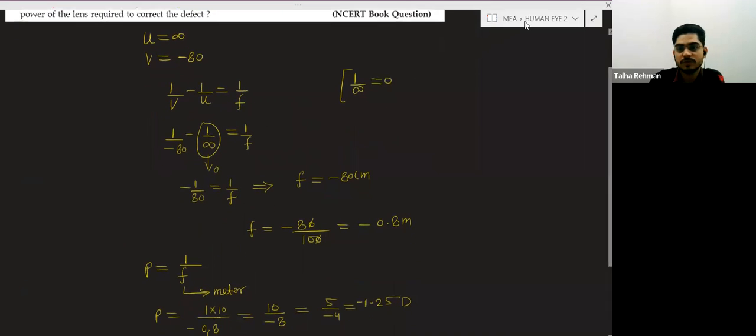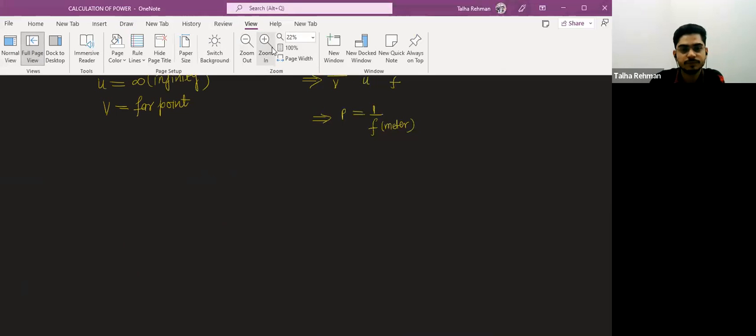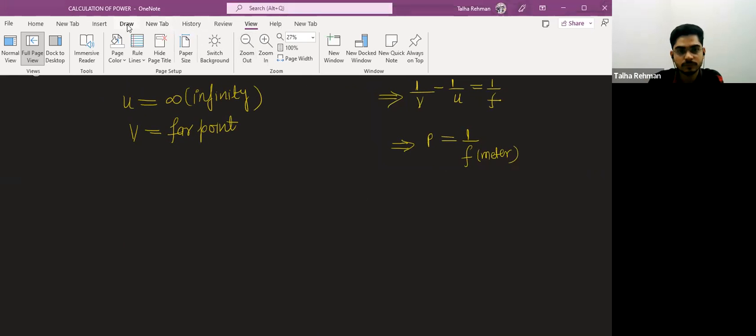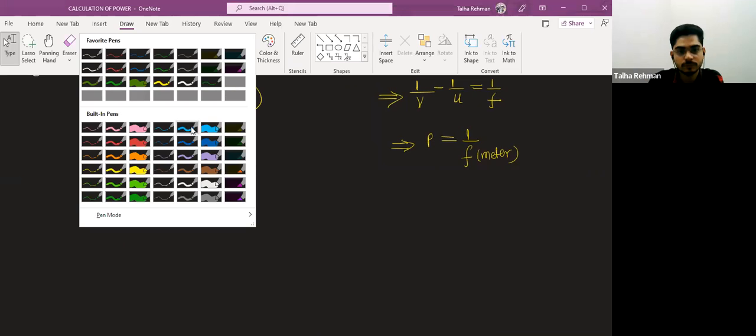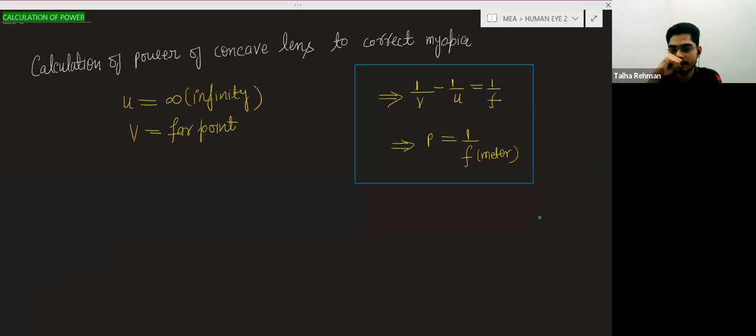Okay, so note down, all of you. Both of these formulas are very, very important. Write down, Hamna and Martin.